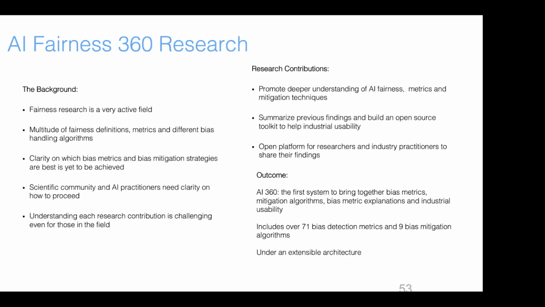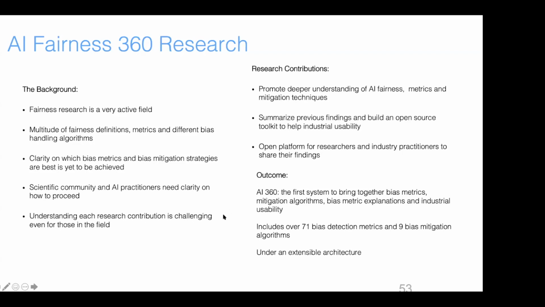Sometimes it's difficult even for us practitioners or researchers to figure out which technique is the best in which particular situation. And that is where AI Fairness 360 research came into the picture, because with this research, we could promote deeper understanding of AI fairness, the metrics, and the mitigation techniques. The research summarized previous research findings and built everything into one open source toolkit, which the practitioners can use as well as the researchers.